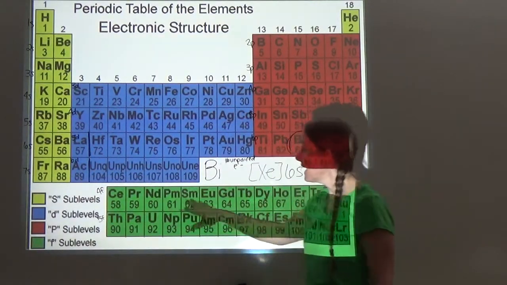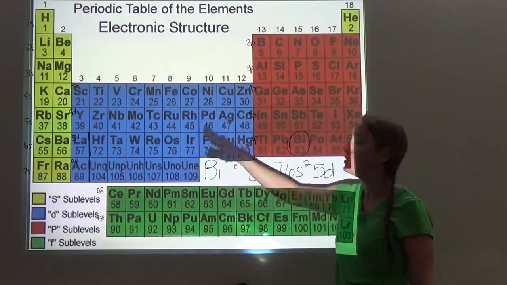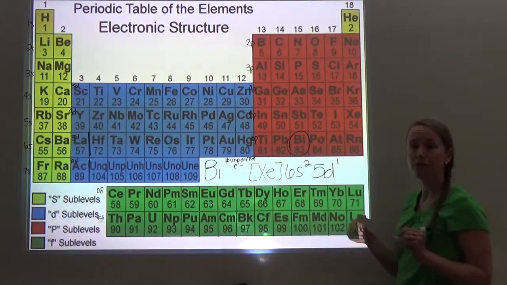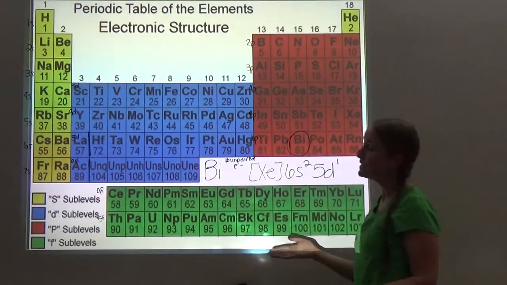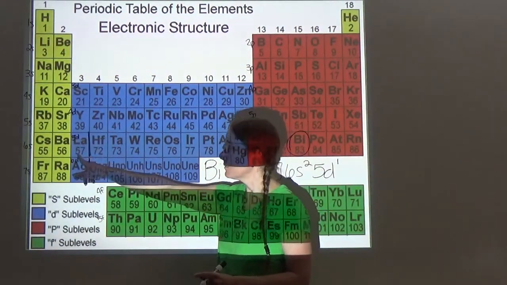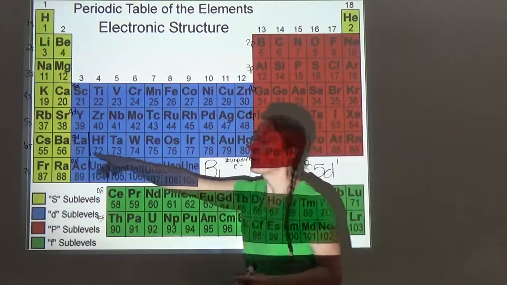Because the thing is, if I ask you one down here, you never go back up to 5d, so you wouldn't have 5d10. Okay, so for right now, I'm just going to put 5d1. I will go back and fix it in a minute, okay, because I'm going to follow my atomic numbers. So see, I'm at element 57, and I'm not going to go across any more than that right now.